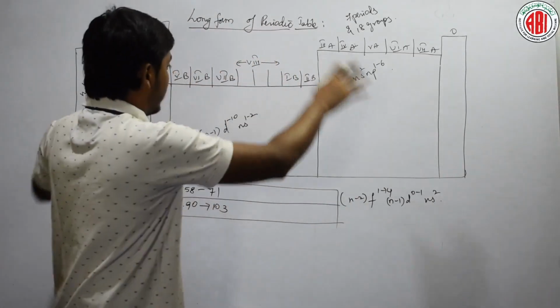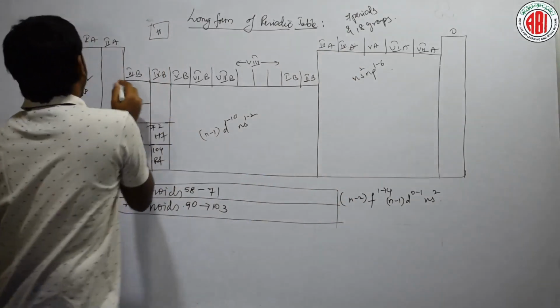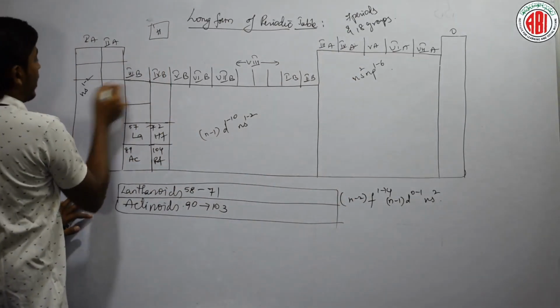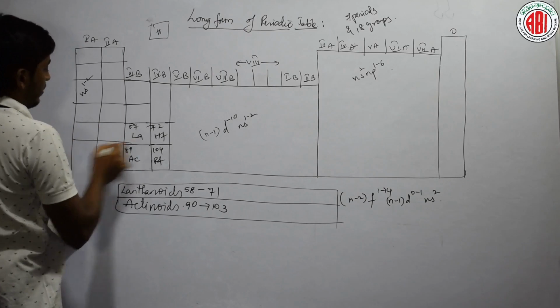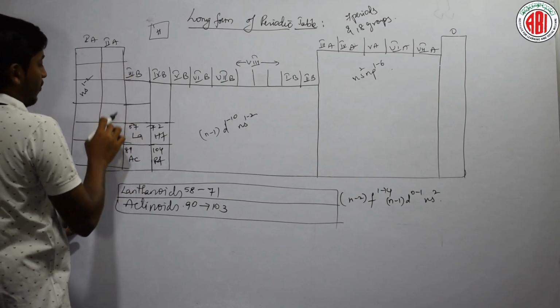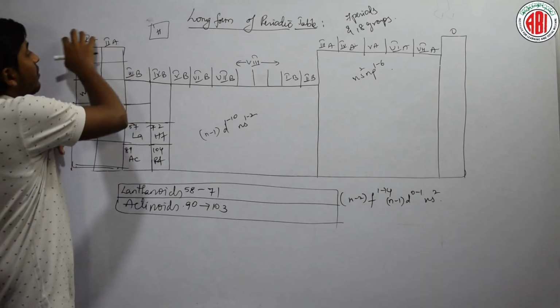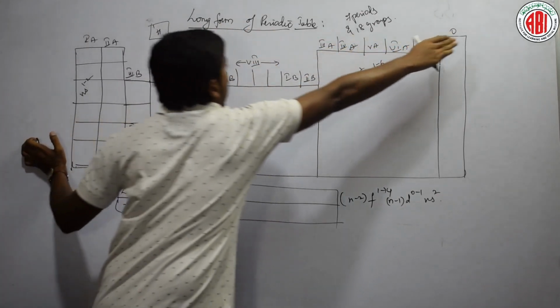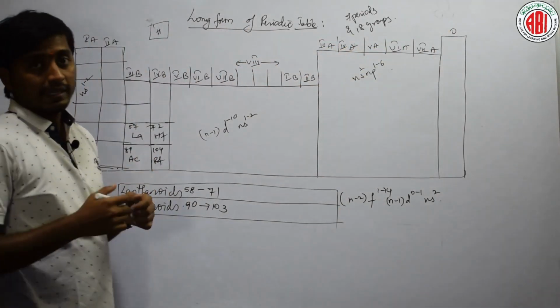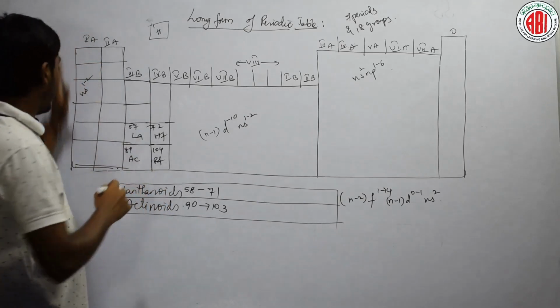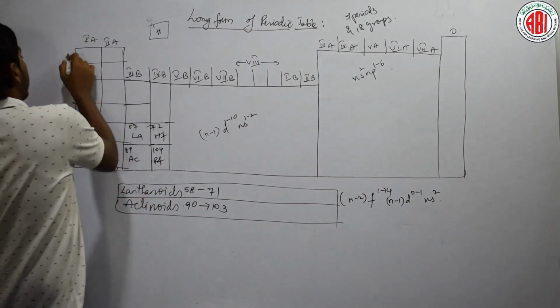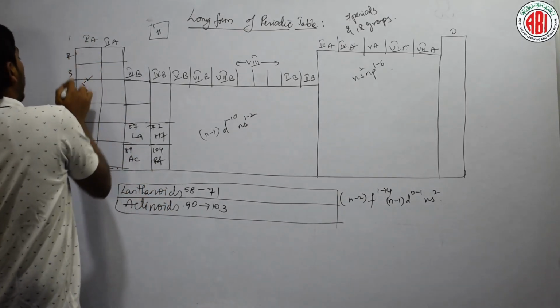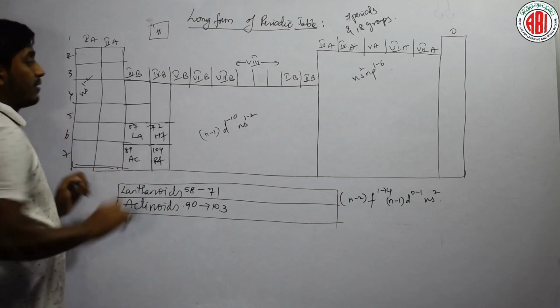The whole table is divided into 7 periodic rows, okay: 1, 2, 3, 4, 5, 6 and one more, which is this hydrogen row and this last element. Is it clear? In that way he divided the whole thing into 7 periods.